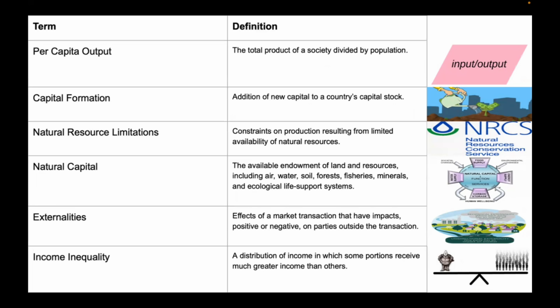Next, we'll discuss natural capital, which refers to the world's stock of natural resources and ecosystems. We'll also touch on externalities, which are the unintended side effects of economic activity. Finally, we'll explore income inequality, which measures the unequal distribution of income across society.